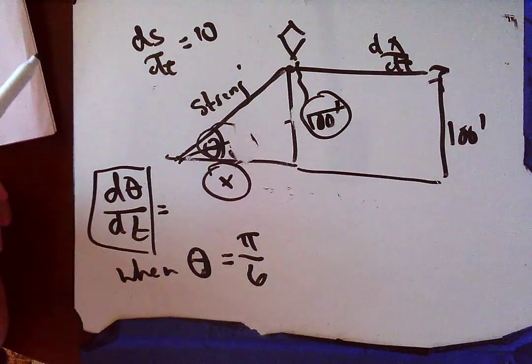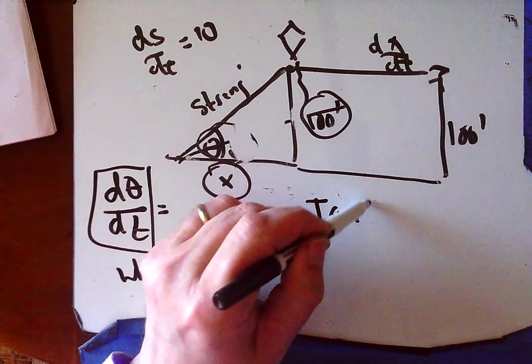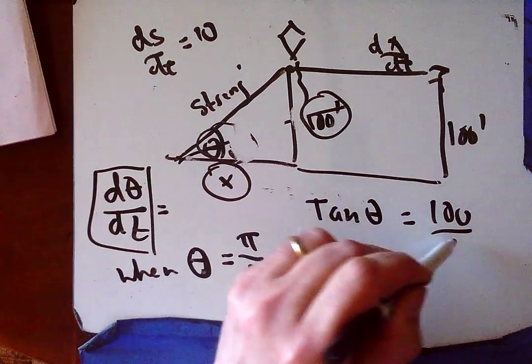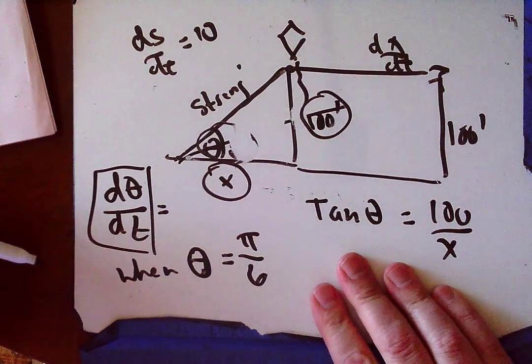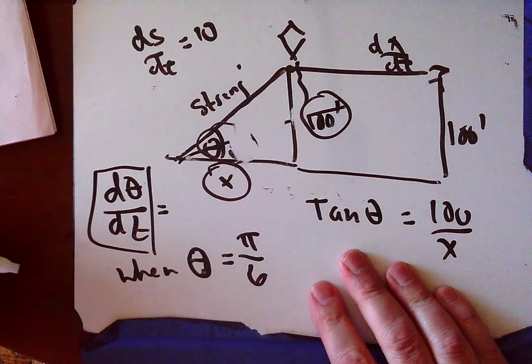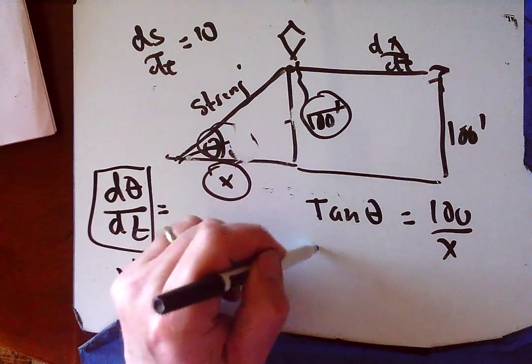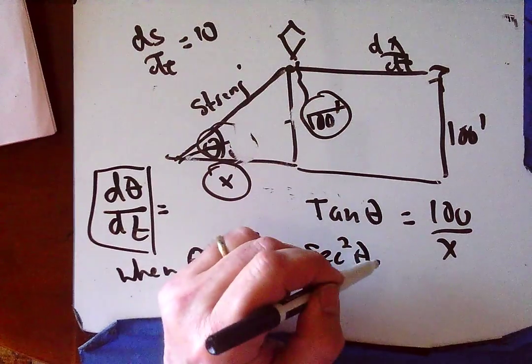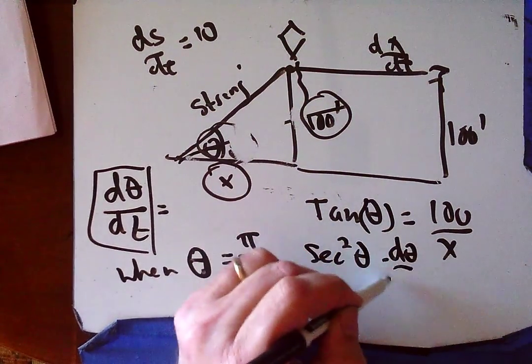But curiously, I'm interested in finding a relationship between x, 100 and theta. Yeah, so what's my relationship there? It has to be tricky. tan theta is 100 over x. And that's the equation that I want to take the derivative of, with respect to time. So, derivative of tangent is secant squared times, don't forget the derivative of the inside function, d theta/dt.